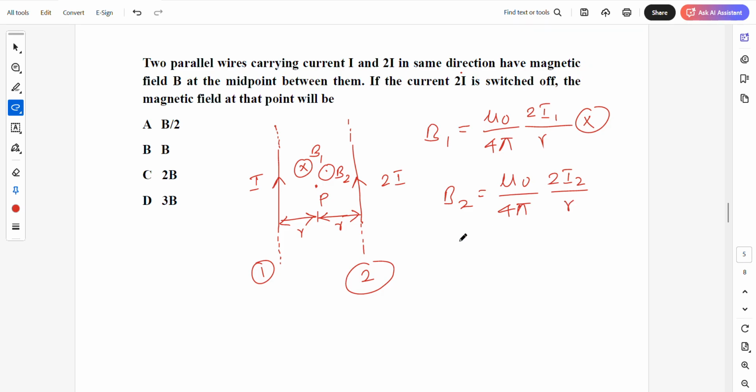First we calculate B net. B1 will be inside.